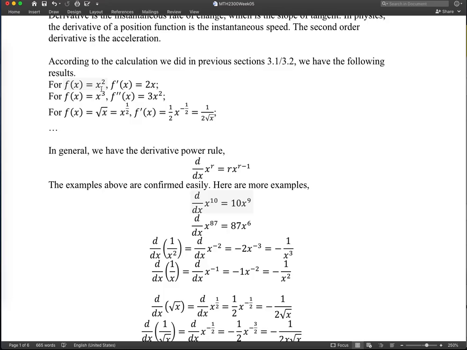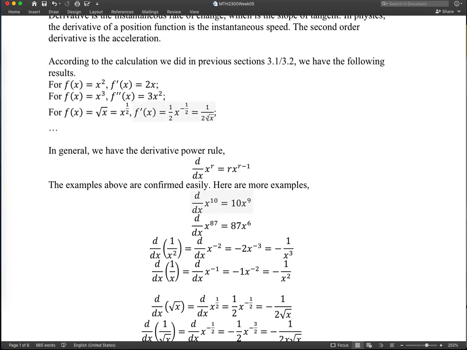Also, I believe we calculated the derivative of x cubed, and that turned out to be 3x squared. Also, this might be a little weird, square root of x, but I hope you understand that in calculus, we always consider radicals, the square root, as x to the power 1/2. And indeed, we did get the derivative: 1 over 2 times the square root of x.